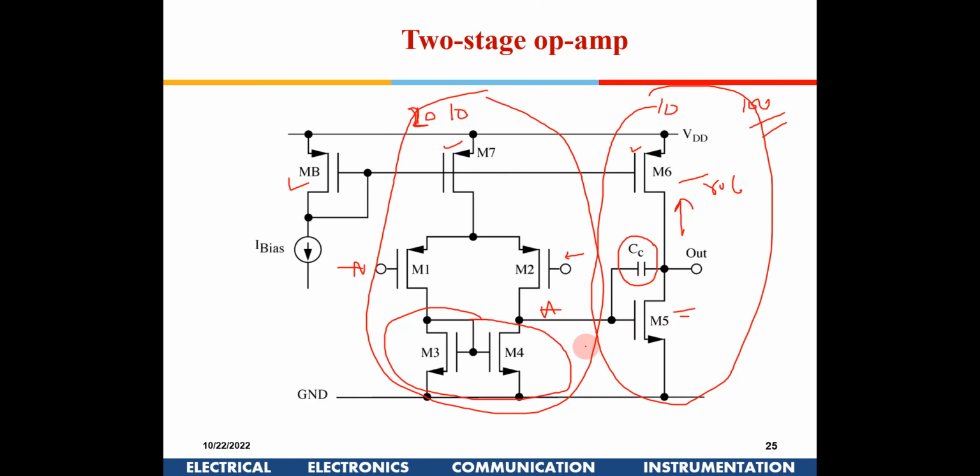You can probably try and implement it for your assignment. Because it is 2 stages, you can do that. So this is known as a 2-stage op-amp. Obviously if you see here, this is not a cascode structure, so high frequency operation could be an issue.